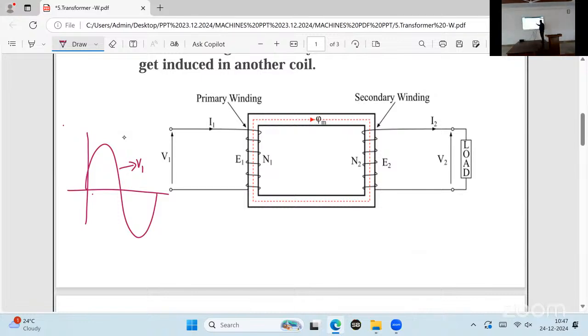The load may be an individual house, apartments, or any bulb. The bulb needs voltage, it may be 230 volts, 20 volts, 10 volts, whatever it may be. The bulb needs AC: 10 volts, 20 volts, 100 volts, 1000 volts.